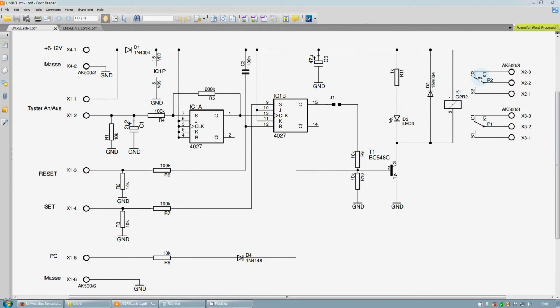That way you can realize the reverse function, namely that a positive signal definitely switches your load off instead of on. Simple trick, but then you have to remember also the function of set and reset are reversed, because when you use the normally closed contact, then everything is reversed, not only the action of the direct PC input.